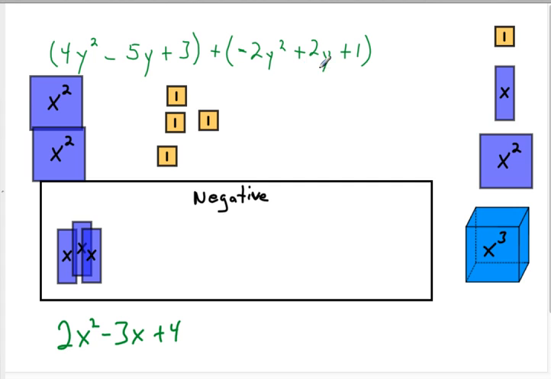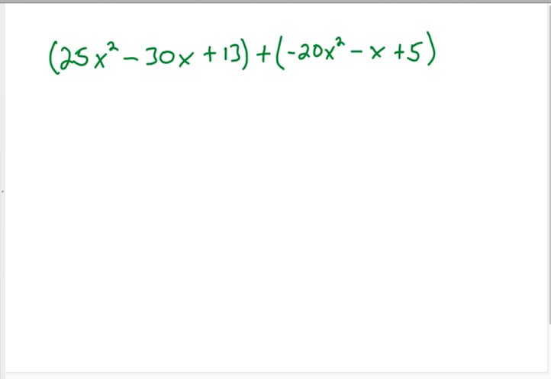All right. And let's do one last problem here. So now in this problem, I've set it up so that it would be a big hassle to use algebra tiles because we don't really want to pull out 25 of those and 30 of those and 13 of those. But it's helpful to remember what happened with the algebra tiles so that we can solve one of these without them. So we have 25x squared and a negative 20x squared.